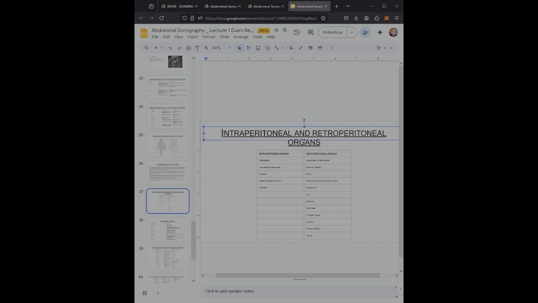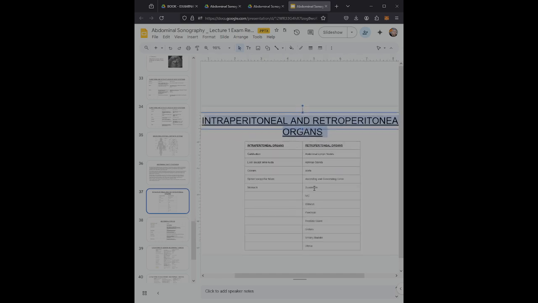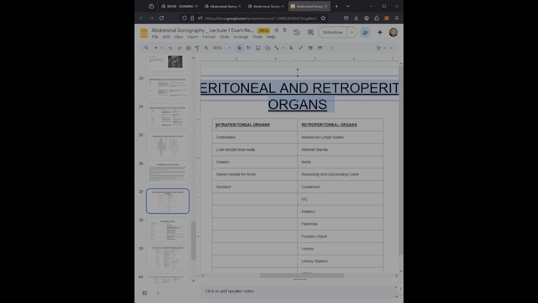So I have detailed intraperitoneal and retroperitoneal organs in this table here. And so intraperitoneal organs include the gallbladder, the liver except the bare area, the ovaries, the spleen except for the splenic hilum, and the stomach.